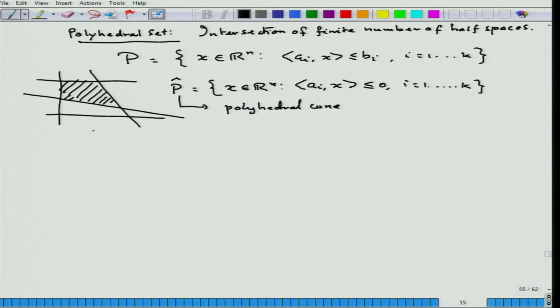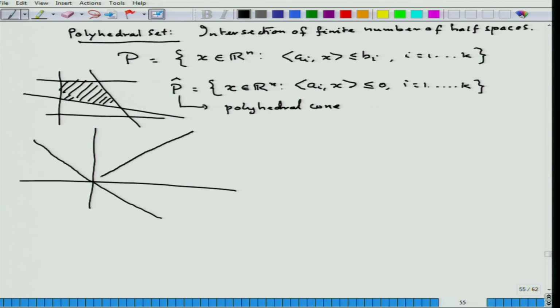All such half spaces have 0 as one of their elements. For example, I take this one and this one, and I just bother about the part above this. So, I get a polyhedral set. This is a polyhedral cone.